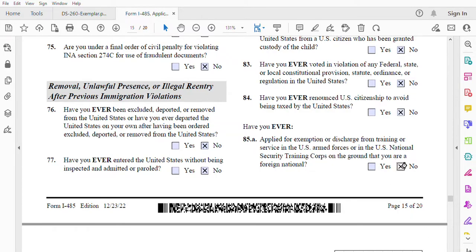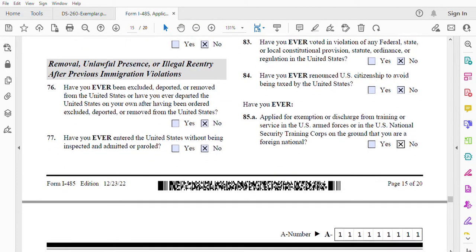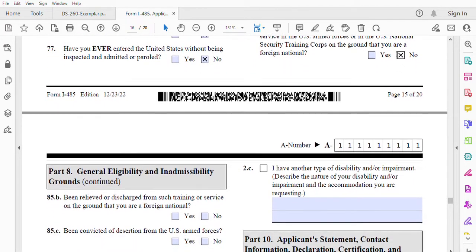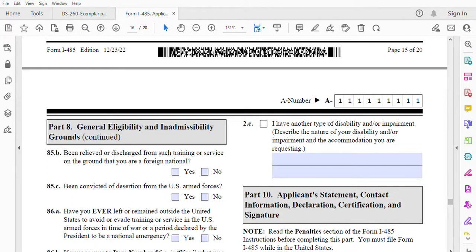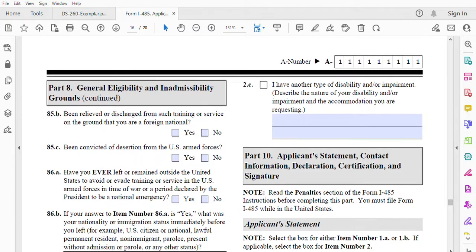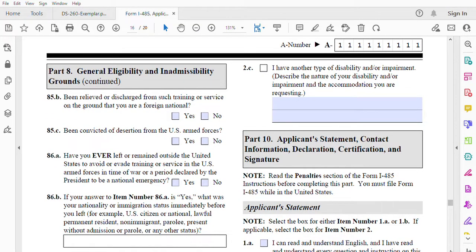No. We start talking about Part 8. It's a long part. Being relieved or discharged from such training or service on the ground that you are a foreign national? No. Please read them carefully. Do not just answer no, no, no. Read them carefully and see if they apply to you or not.